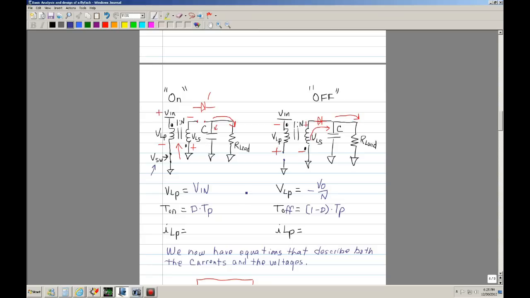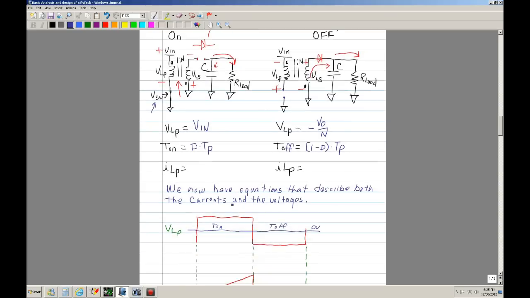Since the current is dependent on this voltage, you're going to have a current that ramps up like this during the time on, and then when it turns off, that current should go down to 0 until the next cycle. So during this time it's T on, and this is T off.